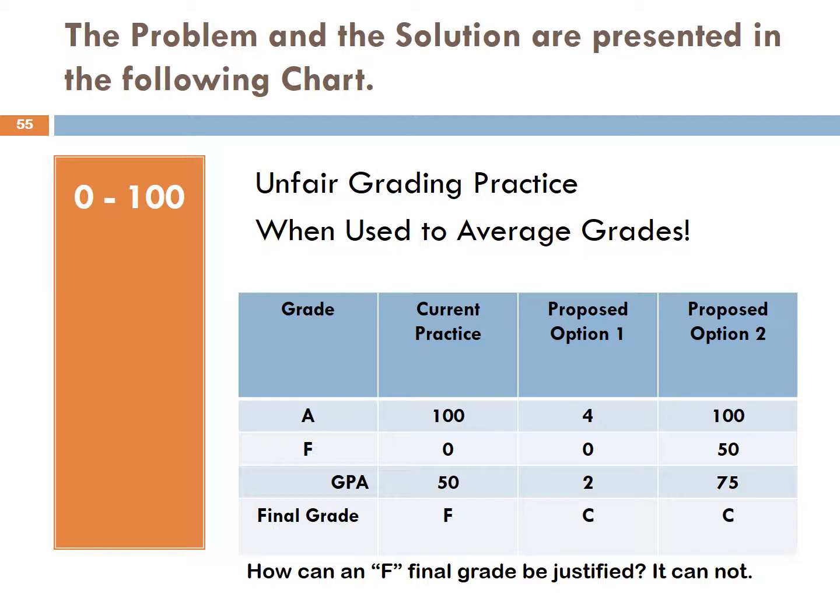As a summary here, we have the grades A and F. Under current practice, you receive a GPA of 50 or a final grade of F. Option 1, GPA of 2, final grade of C. Option 2, GPA of 75, final grade of C. This is going back to the basic grade example of 2 grades only. How can an F final grade be justified? It cannot.